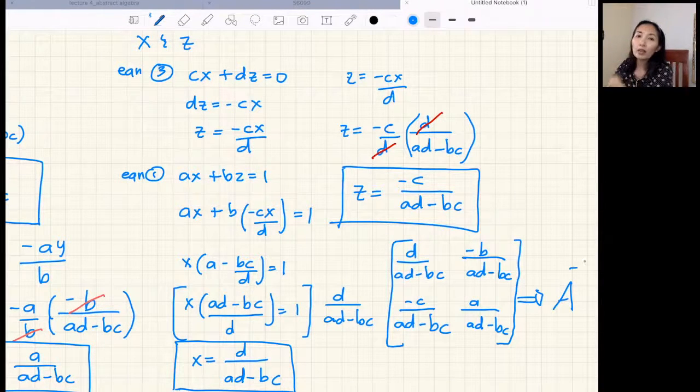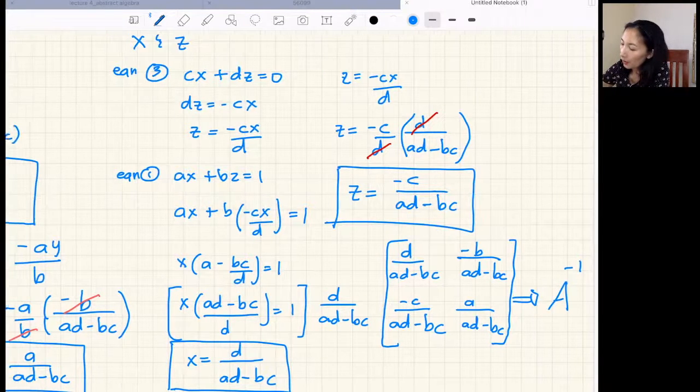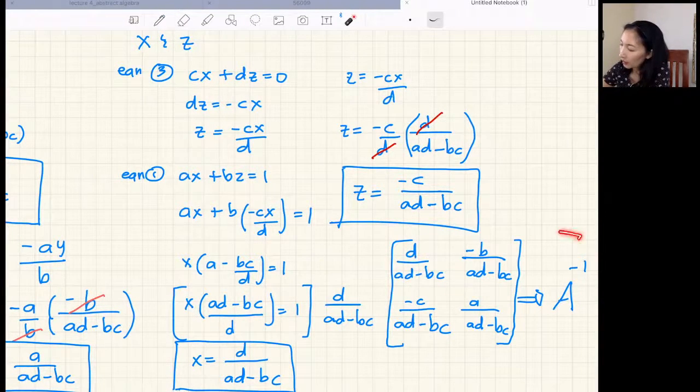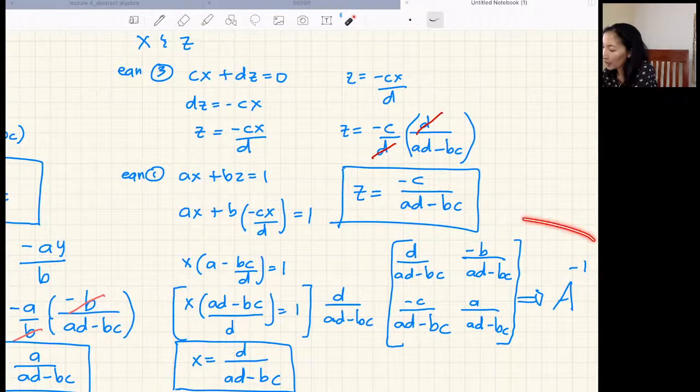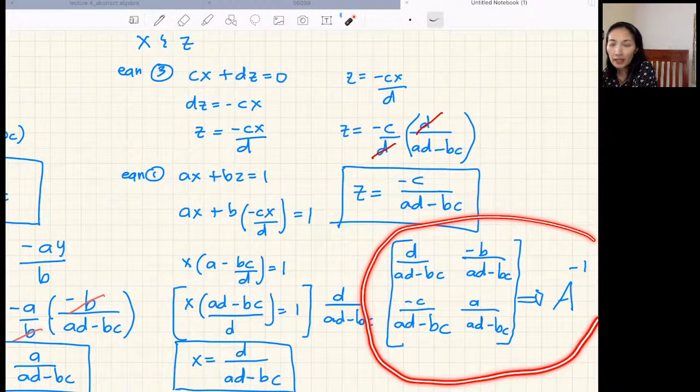Okay, so that's how the inverse matrix was derived. The inverse matrix is given by this. Take note that they have a common denominator, AD minus BC, and that in fact is your determinant.